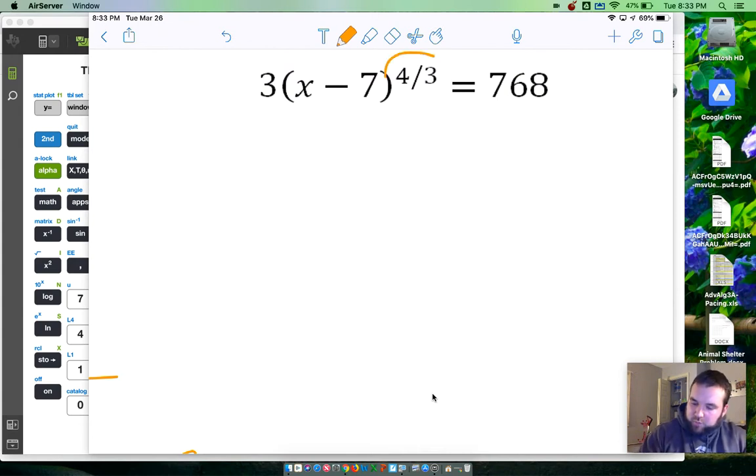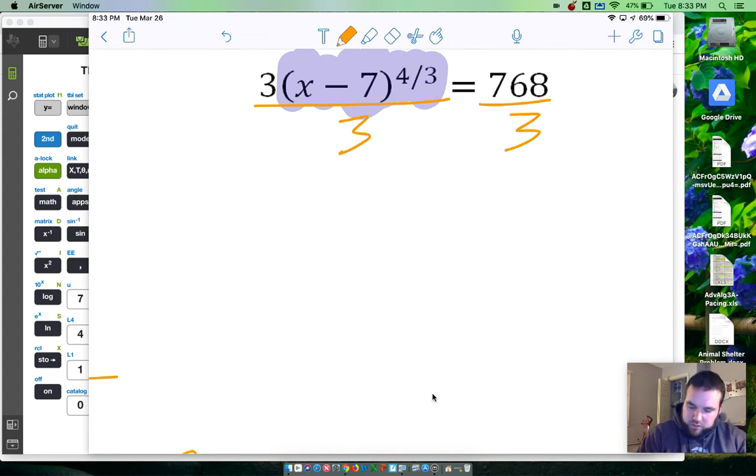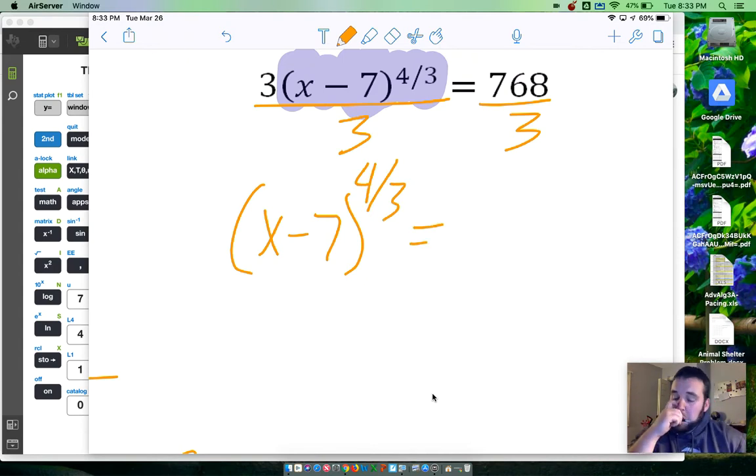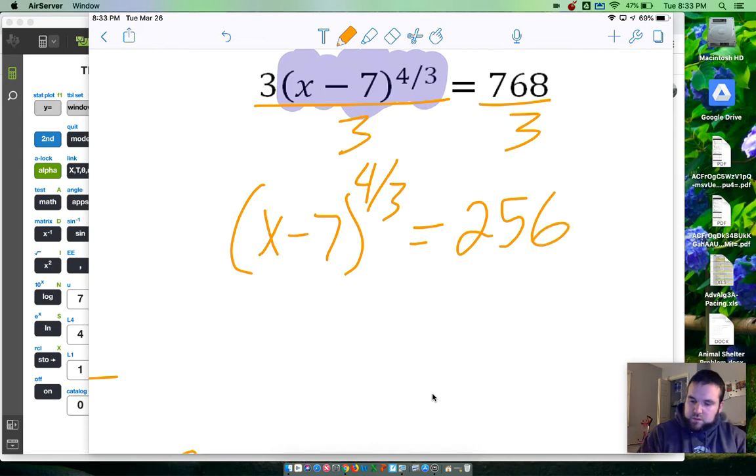If your problem is not a radical but instead a fractional power, remember, this is where I'm still going to isolate that piece first. So in this case, I'm going to divide by 3. (x minus 7) to the 4/3 power equals 2 times 128, which is 256. Okay.